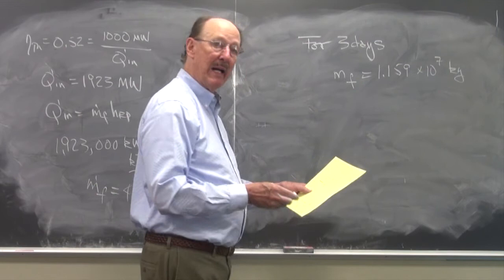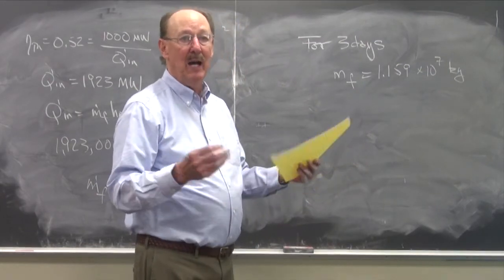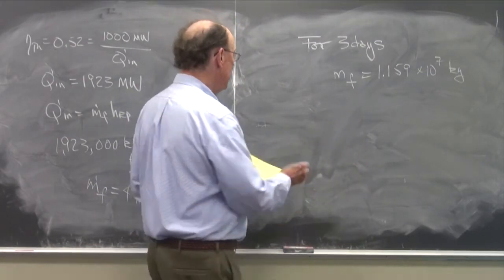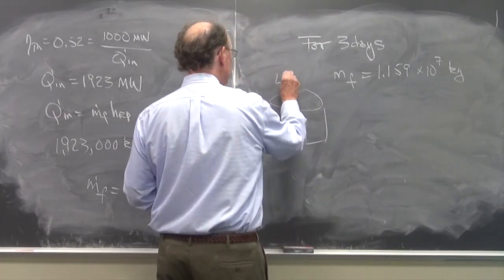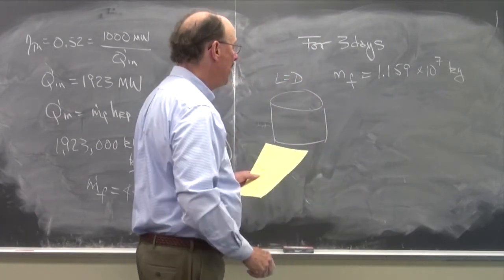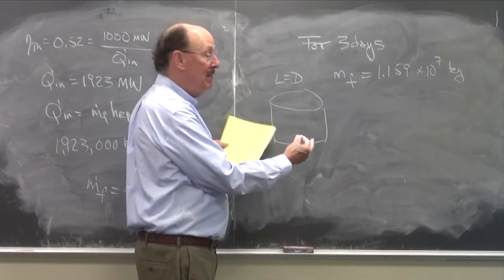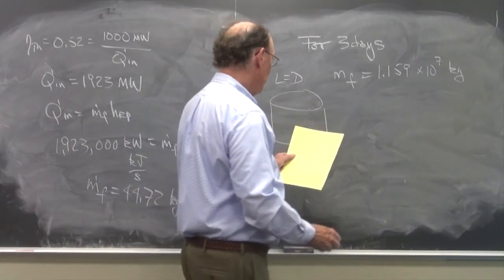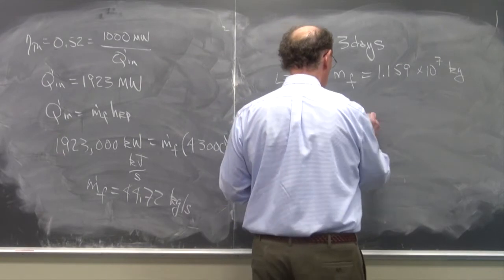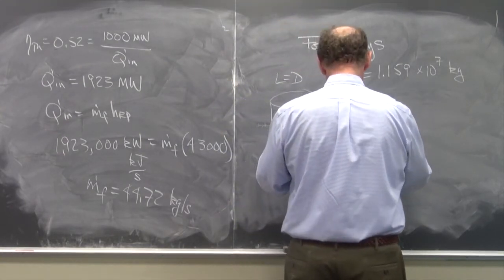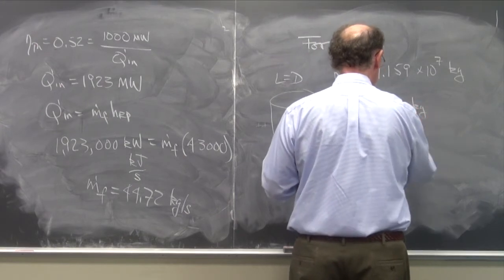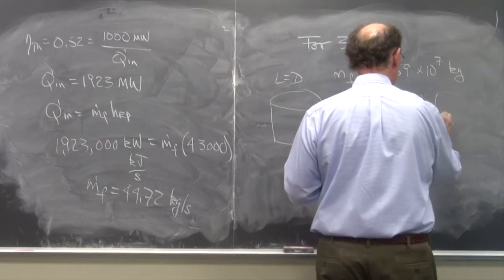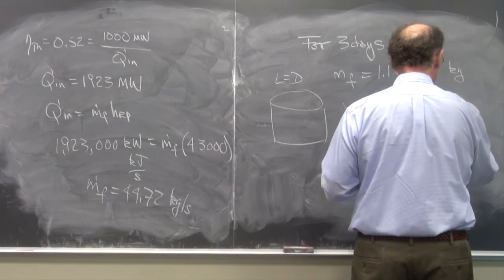And now what I'd like is to have the volume. I now want us to find the size of the tank, where L equals D, and I want to see how big this has to be for this oil. So the volume of the tank is the mass of the fuel, MF in kilograms, divided by the density in kilograms per cubic meter.